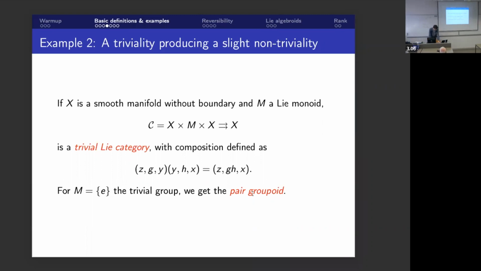All right, and this is inspired by a certain theory called the theory of Lie groupoids, and we are also going to talk a little bit about them.